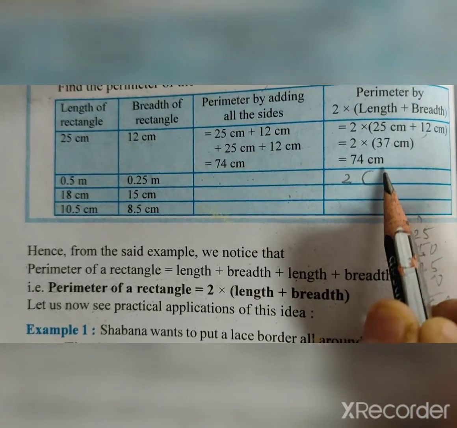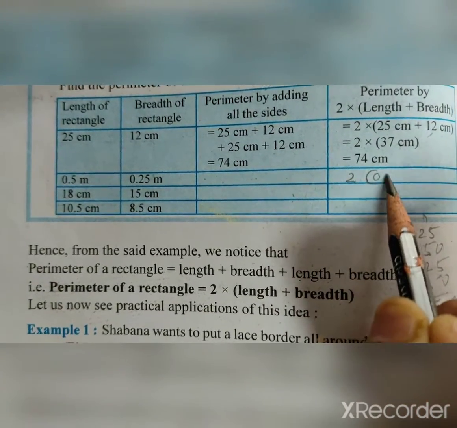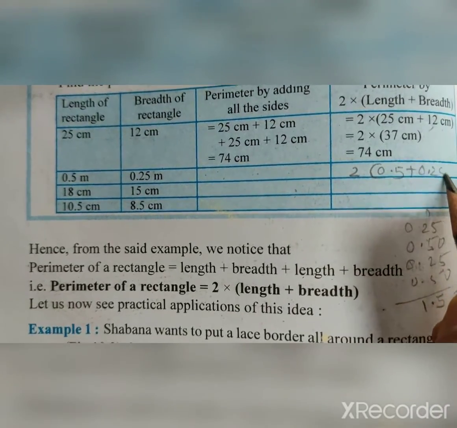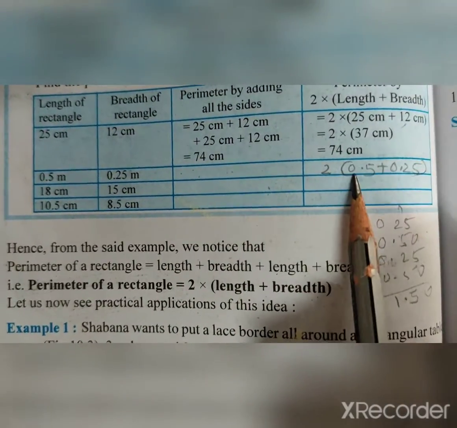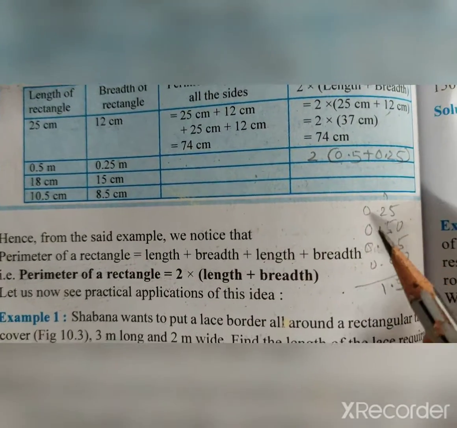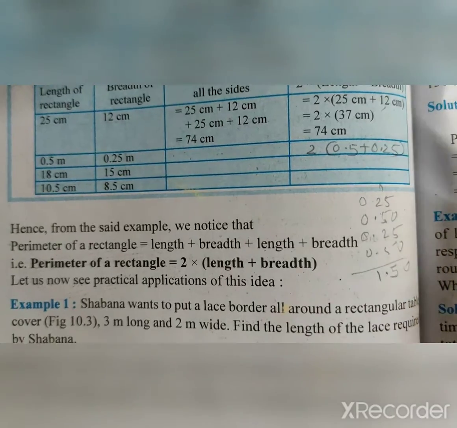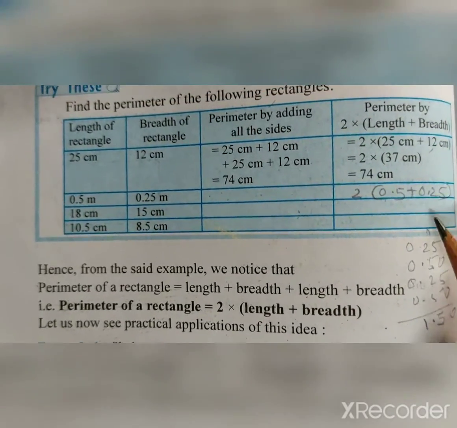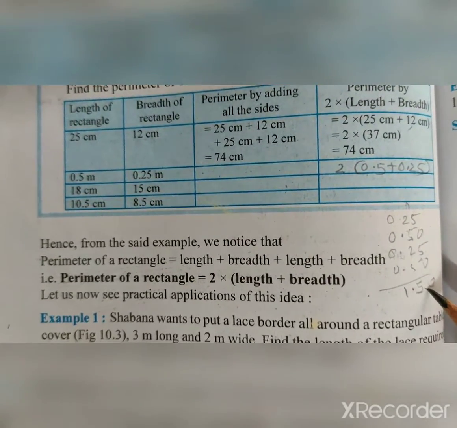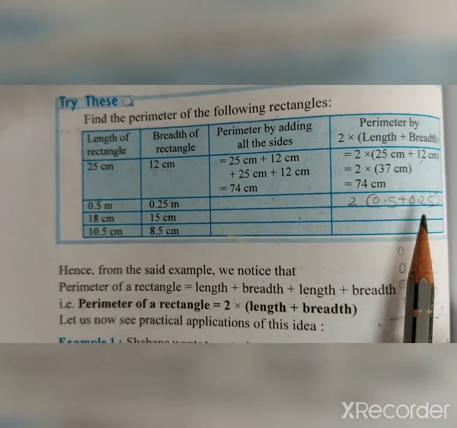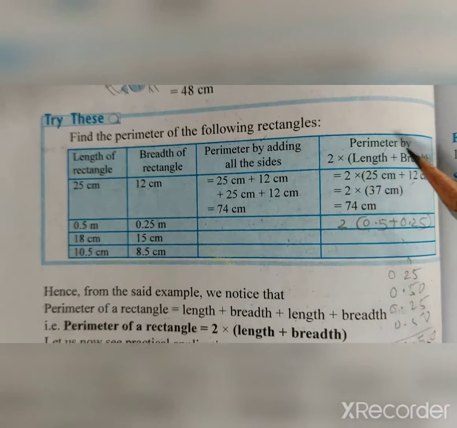So 2 in the bracket, 0.5 plus 0.25. Then calculate. So 0.5 plus 0.25 will be 0.75. And when you multiply by 2, you will get 1.50. So by both methods we are getting the same answer, but this is the standard method.